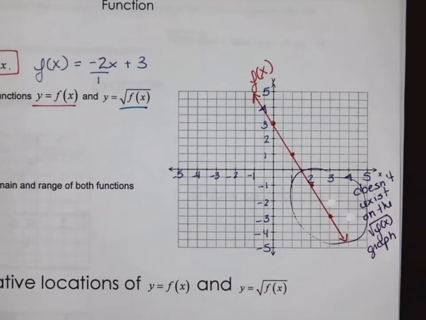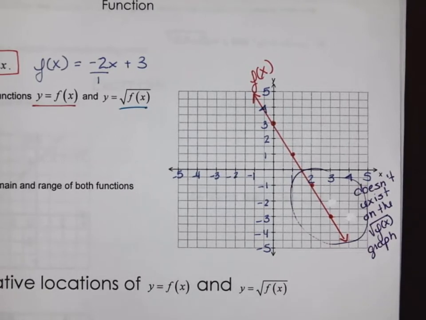Okay. All right. So where would my root graph start? What would be the first y value in which my root graph would start? 0. Can I take the square root of 0? Yes, I can. I'd get 0, right? So the question is, at what point, what x value is this graph at 0?